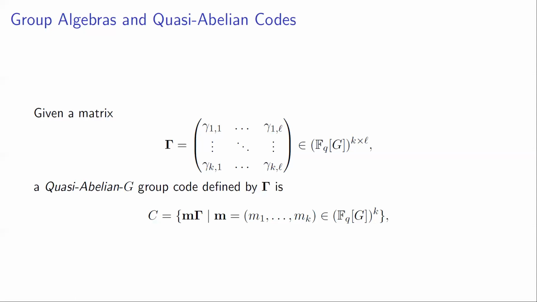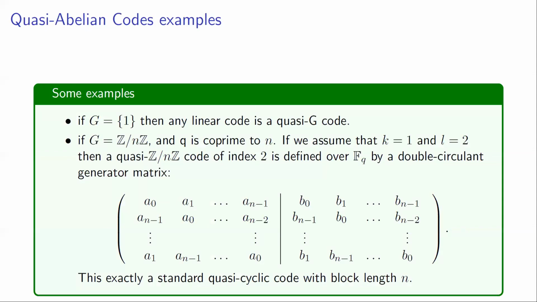So since you have defined FQ of G, you can easily define a matrix over it and define some codes in the standard way, by saying that the code is the set of all the different codewords. And again, some examples. If you take the trivial group, then any linear code is a quasi-G code.